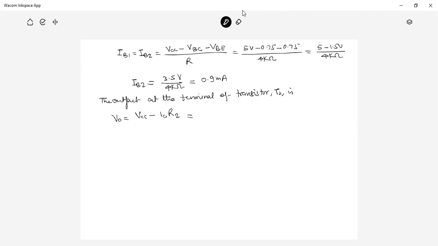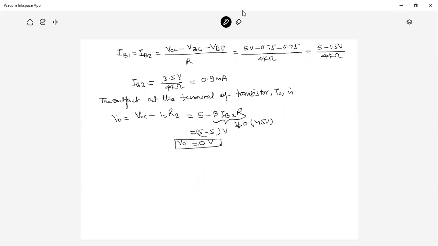So this is VCC 5 volt minus, if you are asking about the beta, IB2 and then R. These are not equal to 0 and are approximately 5 volt. So this is 5 minus 5 volt, so we can say it is 0 volt. So V0 is 0 volt.